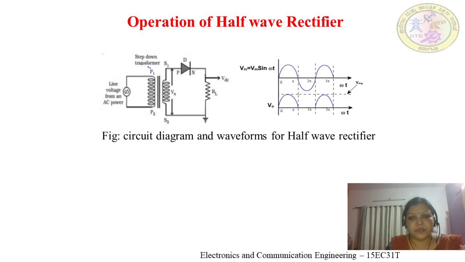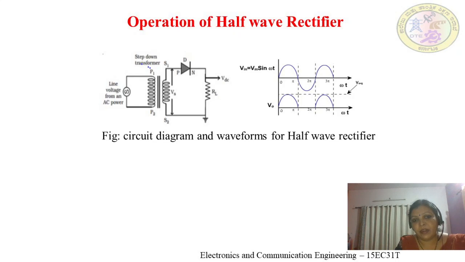Just recall the positive half cycle I explained. In the positive half cycle, S1 was positive, hence P is connected to positive, S2 was negative, N is connected to negative, and diode D was forward biased.